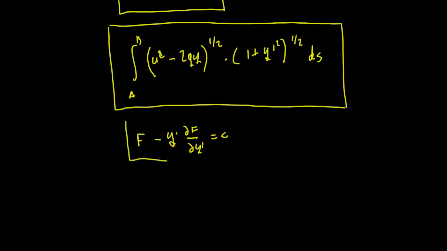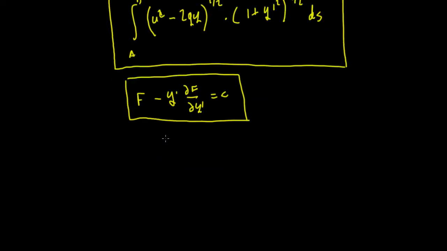Okay, so that's what we're going to use, and we're going to stick our Lagrangian term into this, and we're going to mess about with it till we get our function y of x. So let's just go ahead and get that done just now.